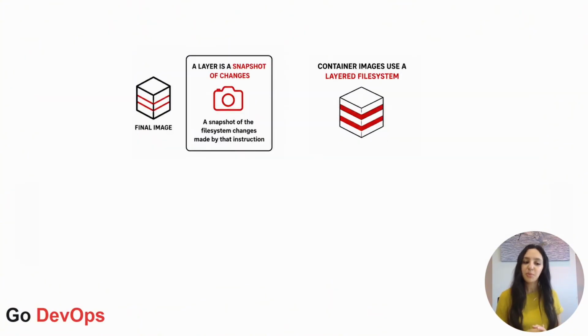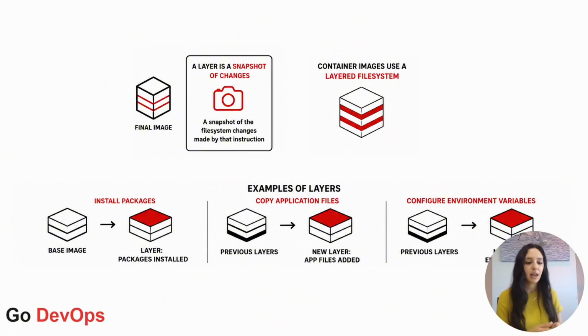Now let's go deeper. What actually happens internally when Podman builds an image? Every instruction creates a layer, and a layer is basically a snapshot of changes, and Podman stacks those layers together. So if I install, for example, packages, that becomes one layer. If I copy application files, I have a new layer.